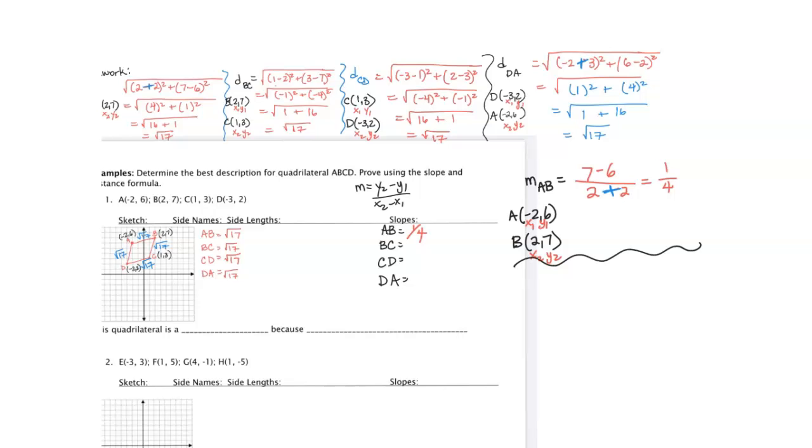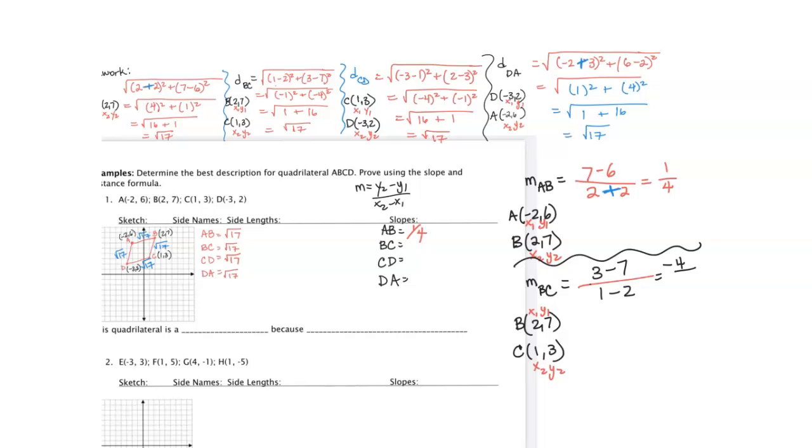Moving right along, we have the slope of BC. Well, point B is the point (2, 7), and C is (1, 3). Labeling our points, you have x1, y1, and x2, y2. So our slope, plugging everything in, we'll have 3 minus 7 over 1 minus 2. 3 minus 7 gives us a -4.